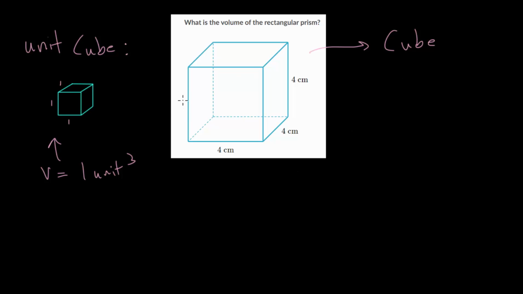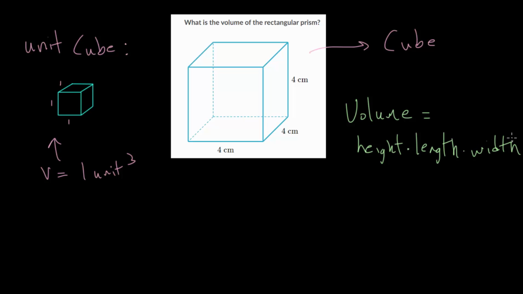And there were two different approaches. One, and this is essentially the starting point, is that we can split this shape up into a bunch of unit cubes. And once we did that in our previous video and our introduction on this topic, we noticed a pattern that, to find the volume, you can use a formula where the volume of any rectangular prism is equal to the height multiplied by the length multiplied by the width.